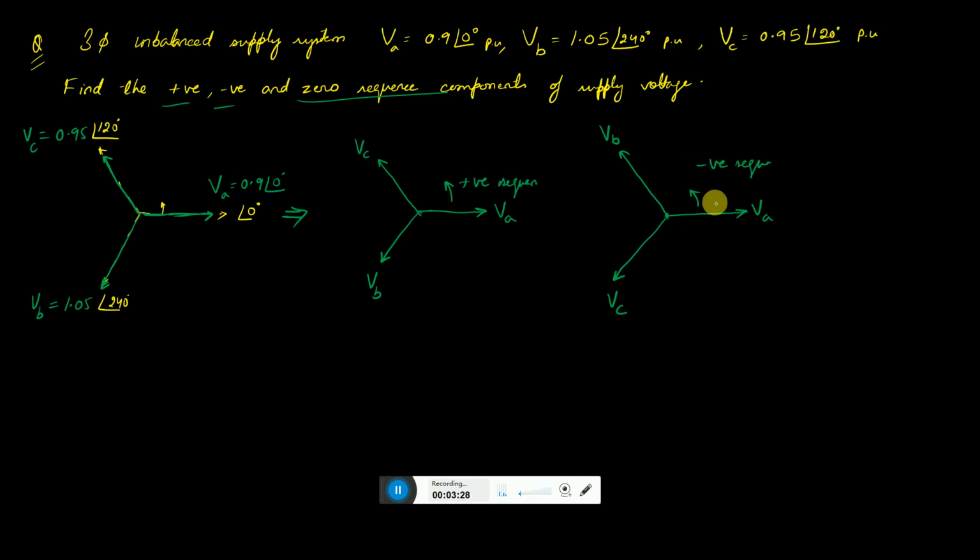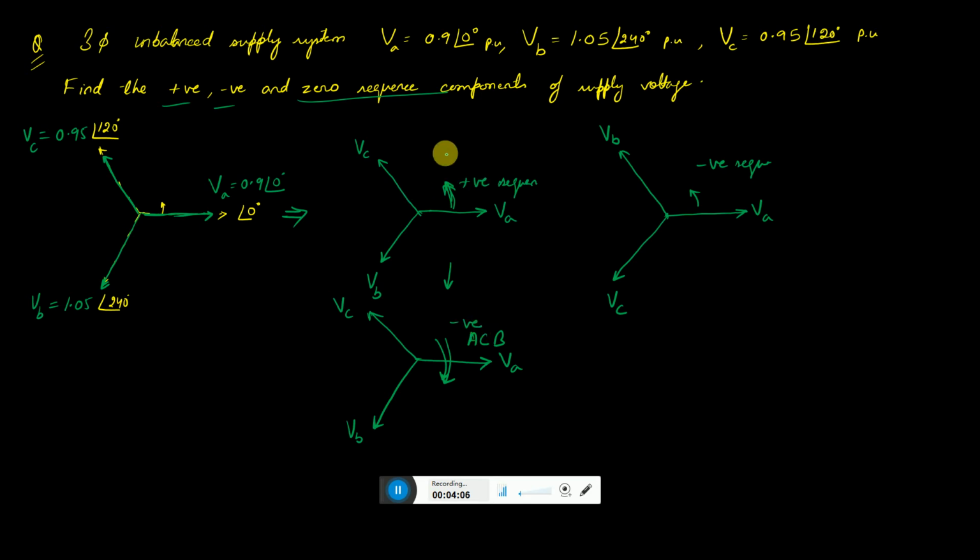You can also understand the negative sequence like this. If I redraw this, similarly here VA, here VC and here VB, but if I reverse the motion to clockwise, first comes A, then C, then B, so it is a negative sequence.